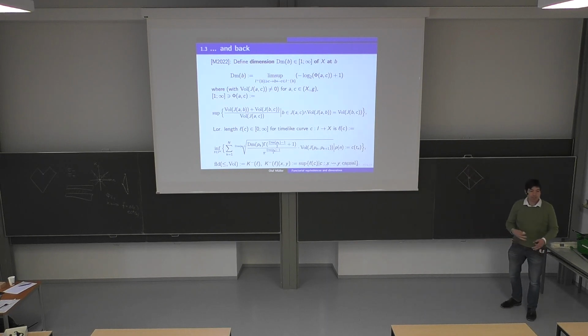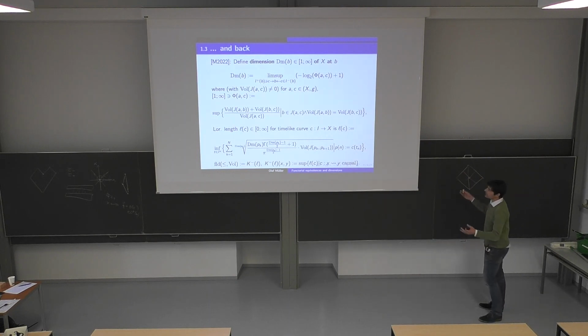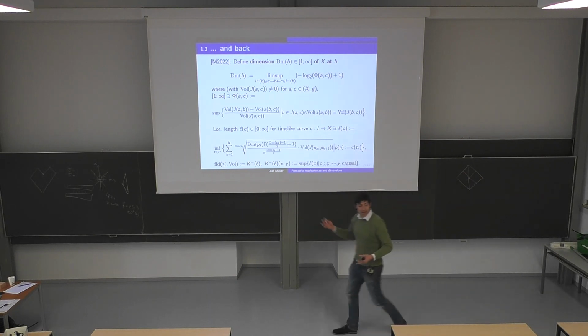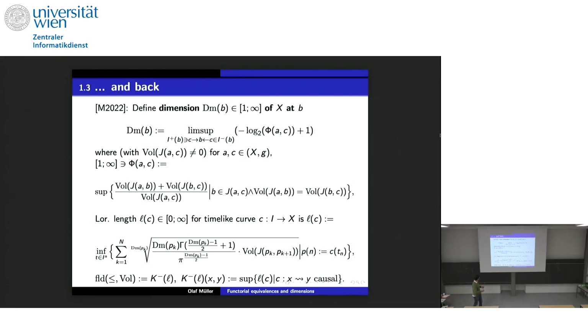And this is, of course, in a sense, stable, and therefore this is the simple observation underlying this construction. So we can reconstruct dimension, and this is then sufficient to reconstruct the volume, the n-dimensional Hausdorff volume. And this is this functor FLD you saw in the diagram before.